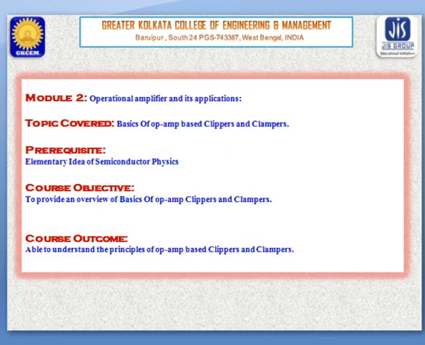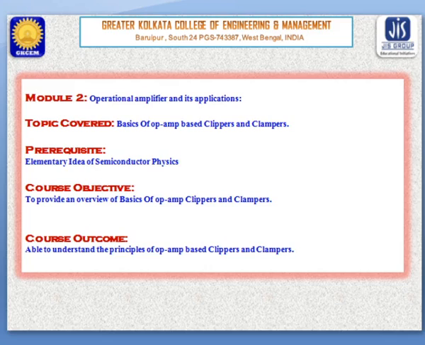Now, the topic that I am going to discuss is basics of Opamp based clipper and clamper circuit. These topics are also under Module 2, that is Operational Amplifier and its applications. The prerequisite for this topic is an elementary idea of semiconductor physics.